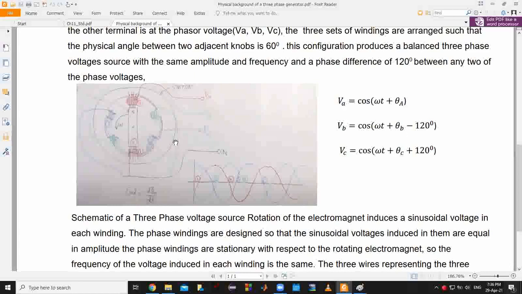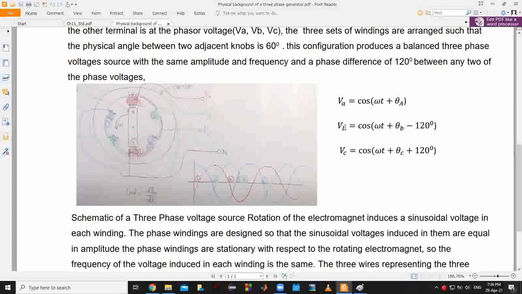And three phase, by the way, balanced system means that the voltages have a phase difference of 120.